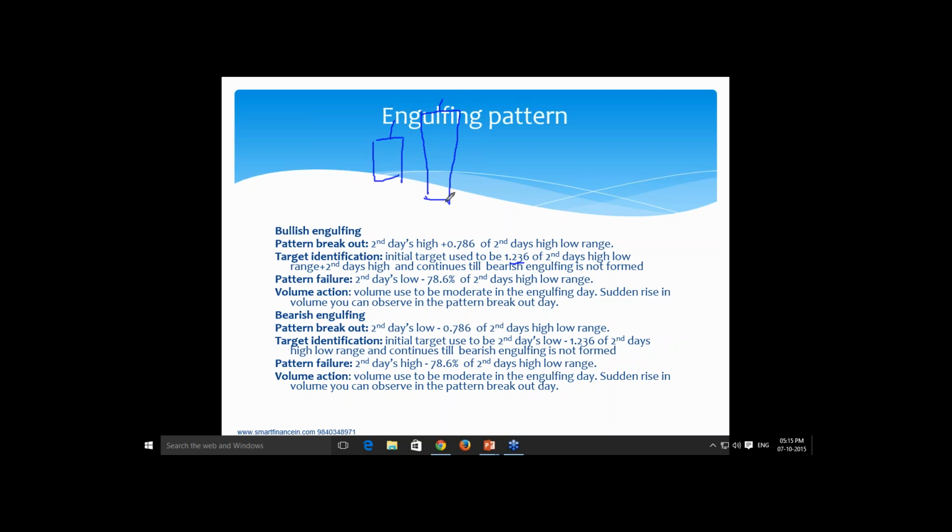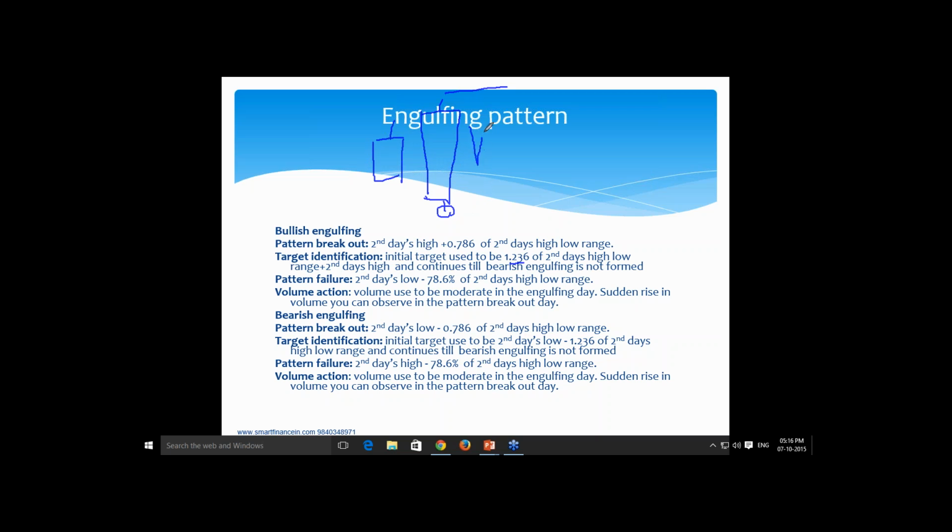Suppose it has not given you any breakout, meaning it has not taken you above 0.786, and at the same time you are not getting any chances to purchase. When should you think that this pattern has failed? You take the second day's low, minus 0.786 times the high to low range of the second day. Then only will this pattern fail.